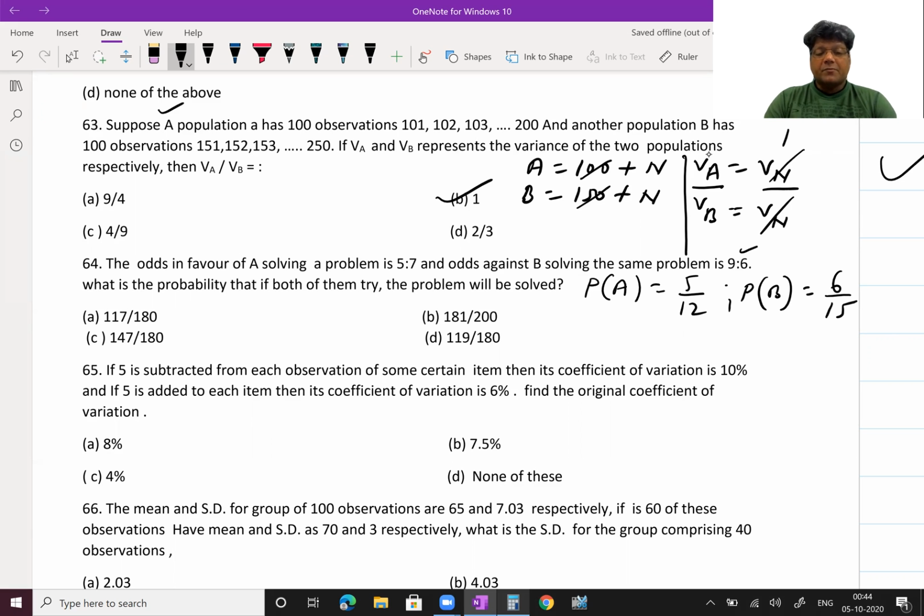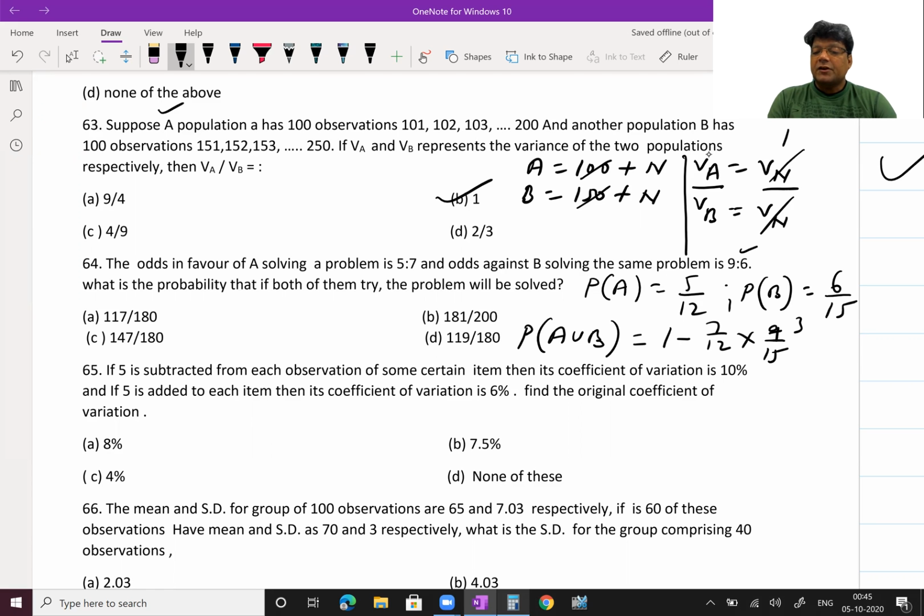Now, what is the probability that if both of them try, the problem will be solved? This problem will be solved means at least one of these two will be able to solve the problem. At least means union. Already we did this as the first question after the set theoretical approach, but this time we will do it by shortcut because they are independent. 1 minus P(A bar) into P(B bar). P(A bar) will be 7 by 12, into P(B bar) will be 9 by 15.